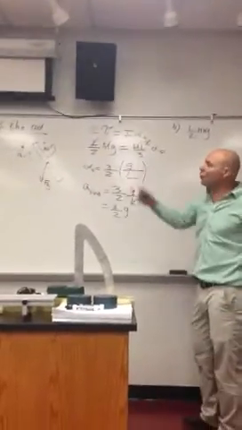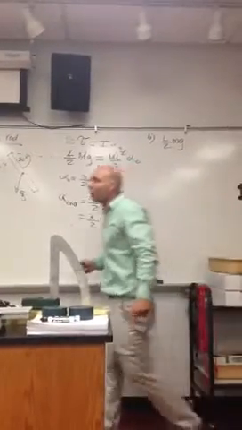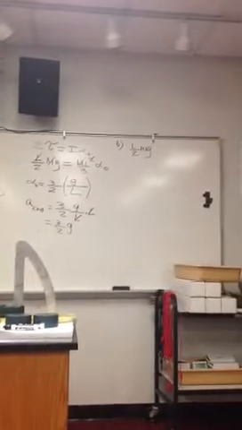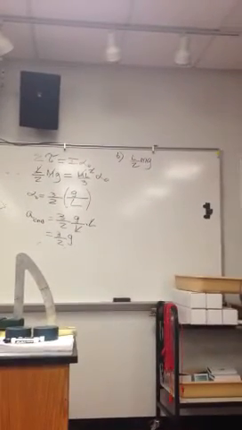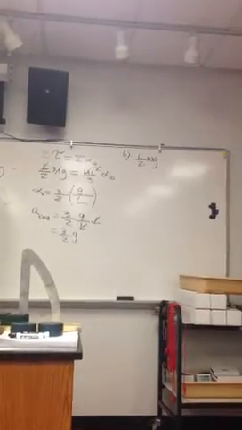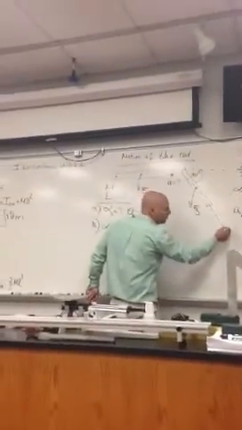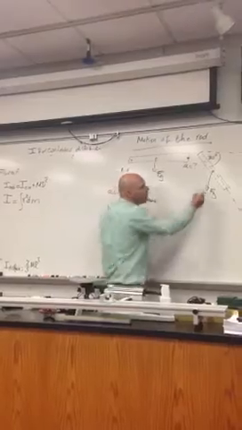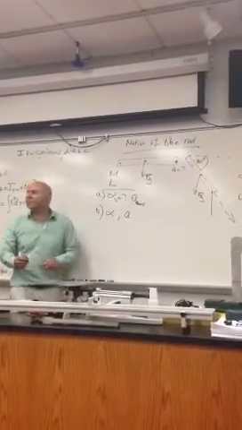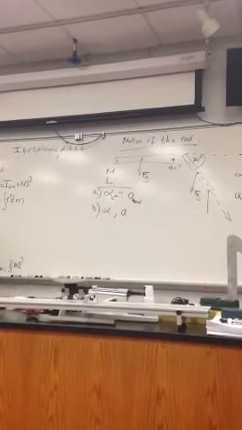By definition, what is the next thing in the torque? Sine of what angle? The angle between the force and R. This is R, and this is the force. What angle will it be, 30 degrees or 60?